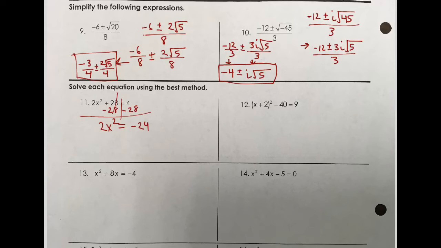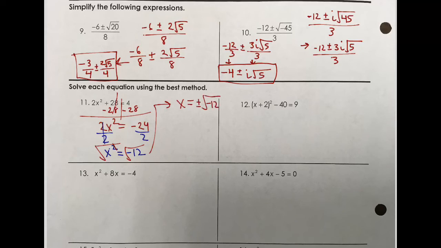Then divide. That leaves us with x squared is equal to negative 12. Then you want to take the square root to get rid of the square. Take the square root. That cancels. Let's go up here. X is equal to plus or minus square root of negative 12.